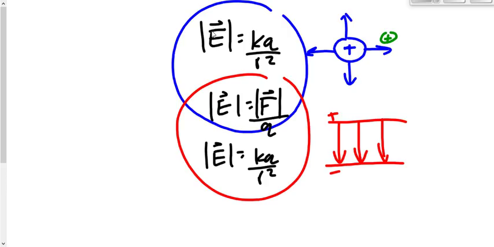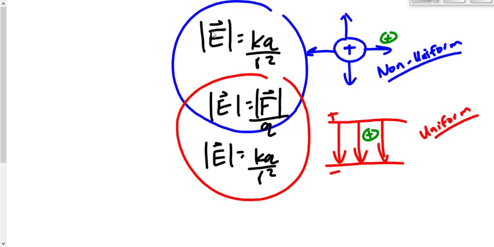The bottom equation describes if we know something about the plates themselves, and then the middle one, of course, describes if we know something about what experiences that field. So whenever we have this non-uniform field, let's use what's circled in blue, either one of those, depending upon what we're given. And whenever we have what you see here in the red diagram, a uniform field, let's use what's circled in red. It just depends on what we have given to us, which one of the two we use. Oh, sorry, yeah, it should be delta V over delta D. Yeah, thank you.